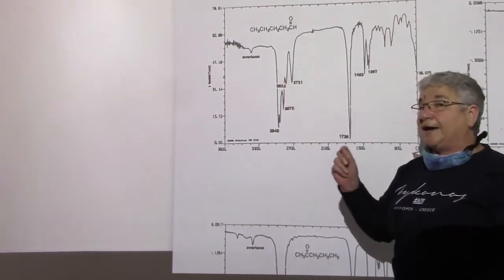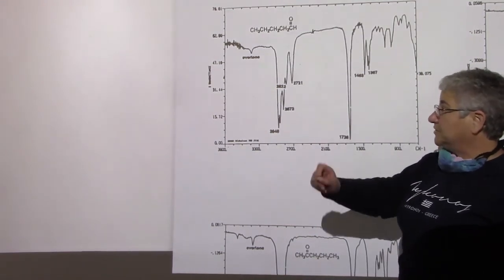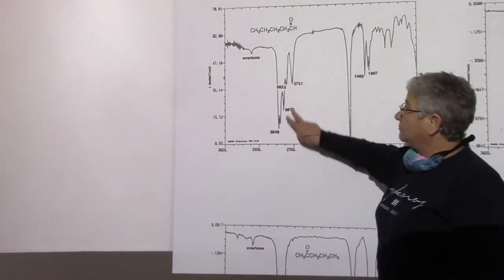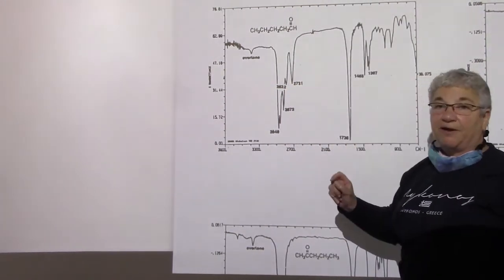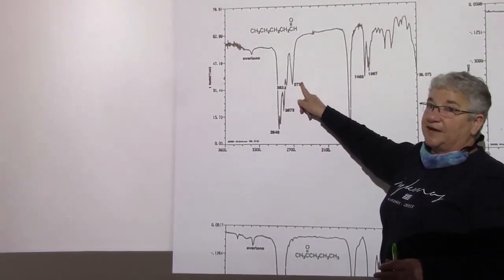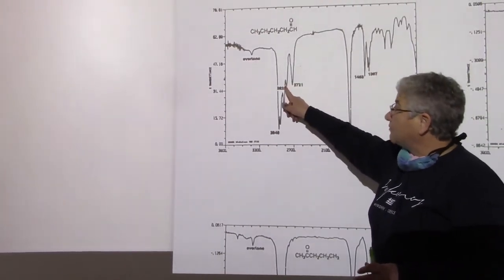Because remember, an aldehyde has 2 peaks, 2720 and 2820. They're not huge, so they're going to be small like this, but you have to see if there's a pair. You might see a 28 something, but you don't see the 27, then it's not an aldehyde. But if you see the 27, look for the 28.